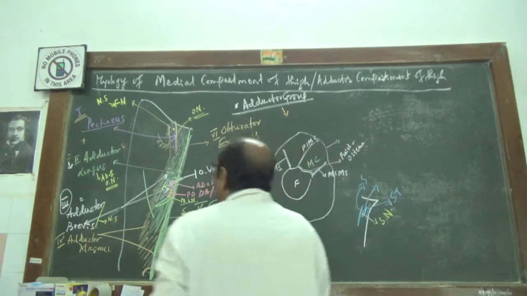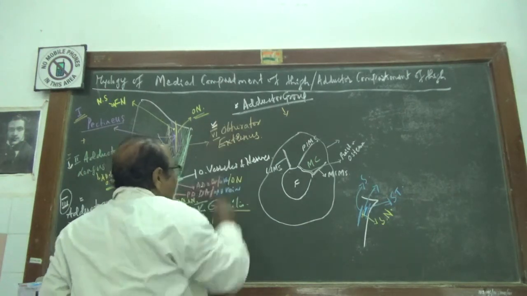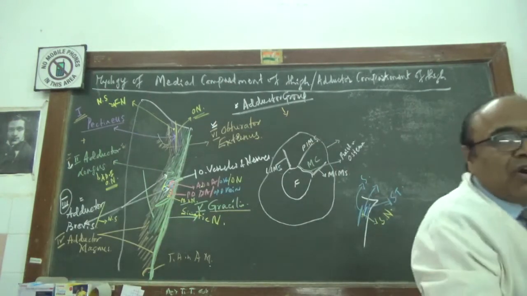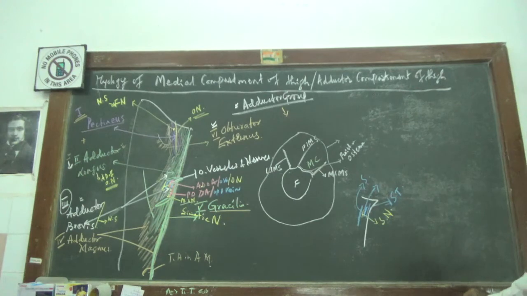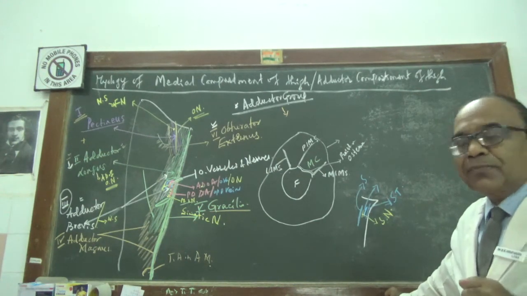Then coming to another muscle, this is the obturator externus. It falls in a very small portion of the medial compartment.